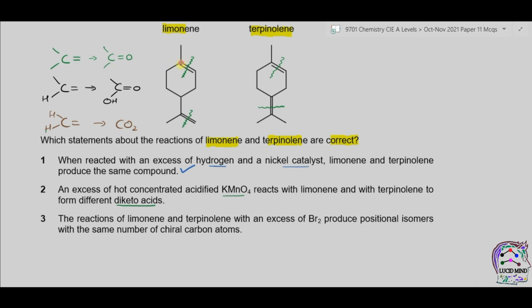In limonene, this carbon is attached to two alkyl groups, so it will be oxidized to ketone. This is ketone. This carbon atom is attached to one alkyl group and one hydrogen, so it is oxidized to carboxylic acid. Rest will be the same structure.